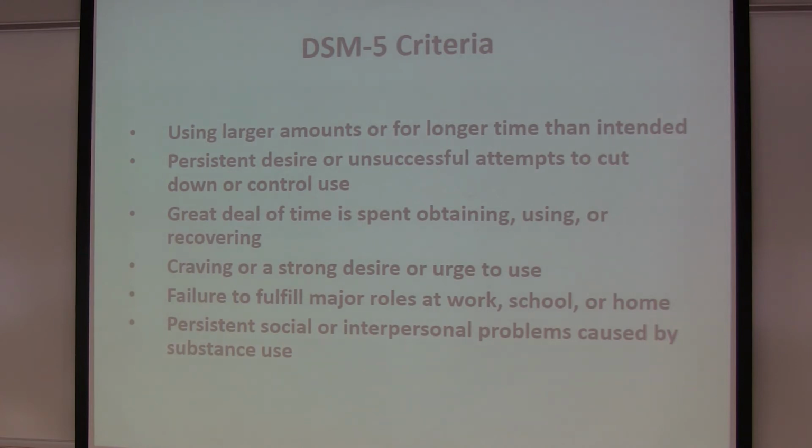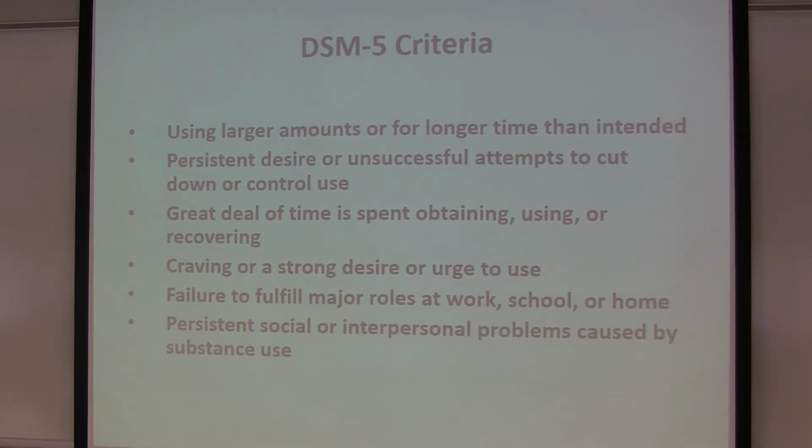So what about the criteria for substance use disorders? Some of the criteria for all of the substances included are using larger amounts or for longer periods of time than intended, and persistent desire or unsuccessful attempts to cut down or control use. What that means is the person wakes up in the morning and says, tonight when I go out with my friends, I'm only going to have two drinks.